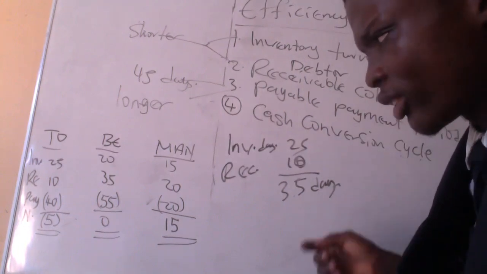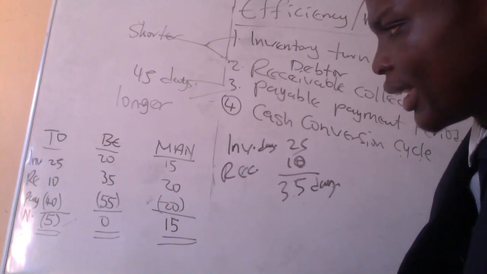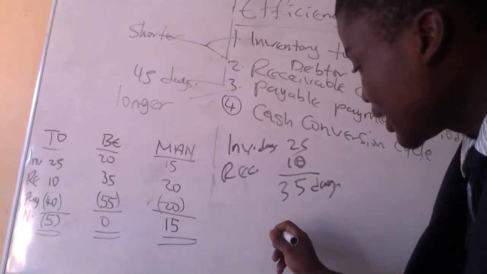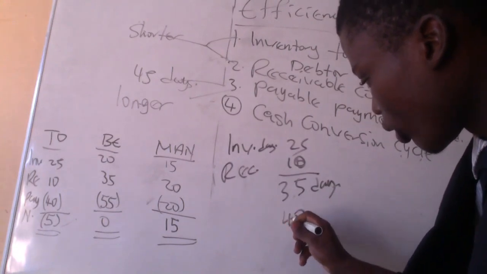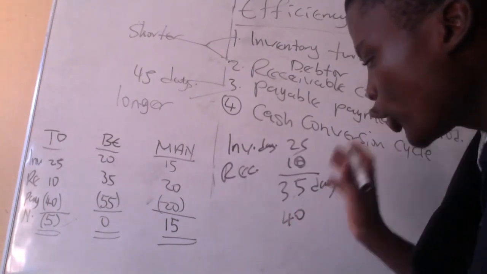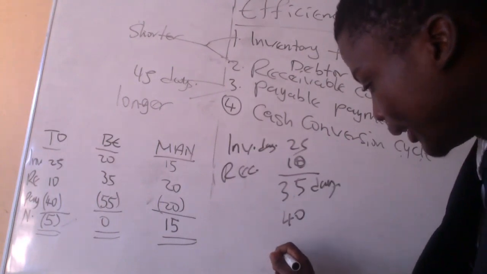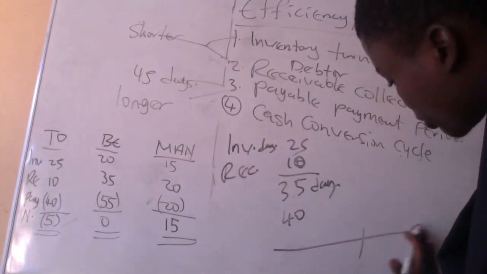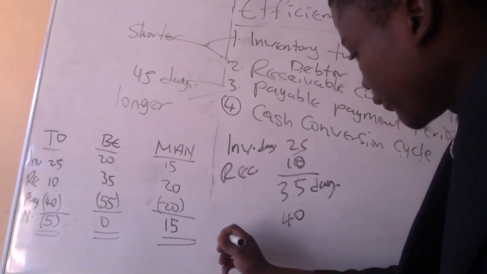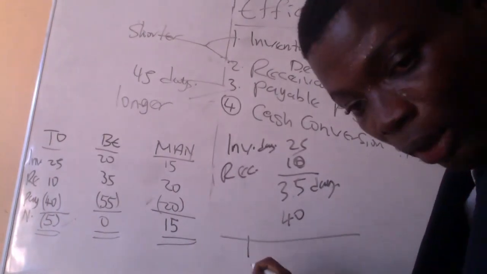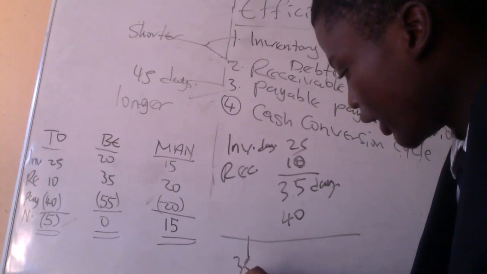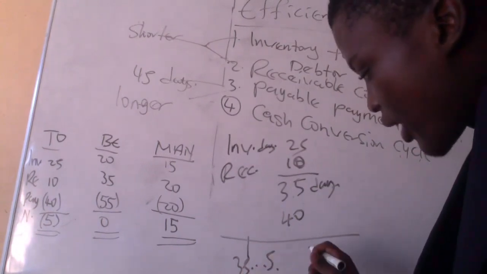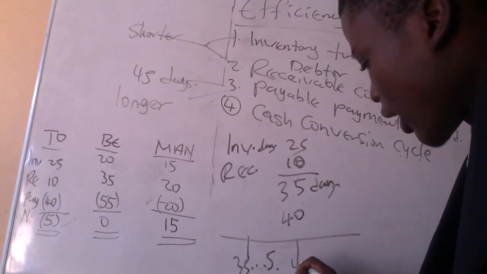Wow, that's good. Now let's see. Meanwhile, the supplier has given him how many days? 40 days. So the good news is that 2 will get the money in exactly 35 days, and 5 days later, the supplier will come for the money.